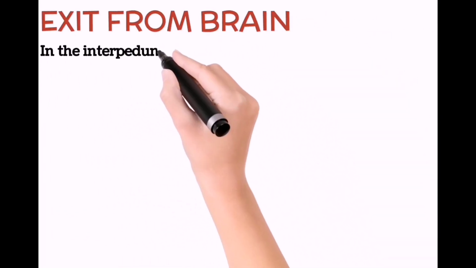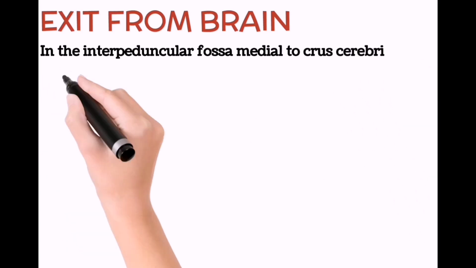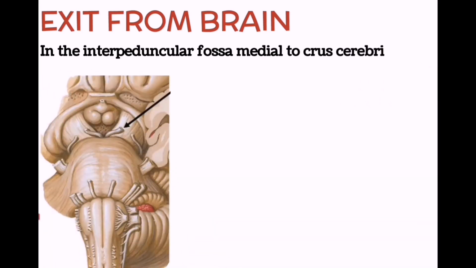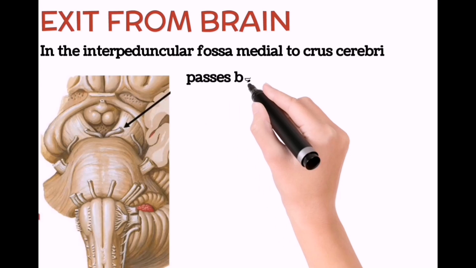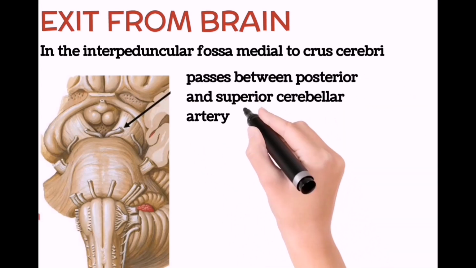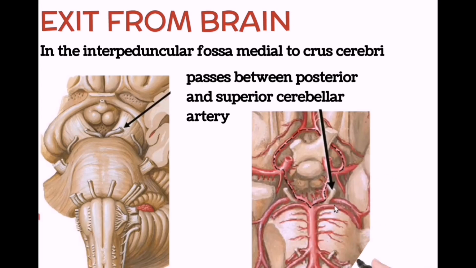So let's talk about the exit from the brain. After emerging from the midbrain, it will leave the brain stem in the interpeduncular fossa, medial to the crus cerebri. In this picture, the arrow represents the oculomotor nerve emerging from the brainstem in the interpeduncular fossa medial to the crus cerebri.